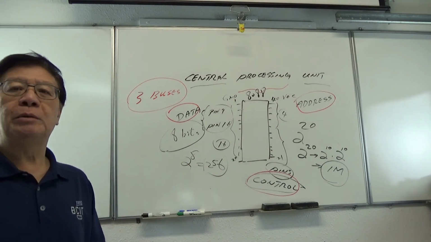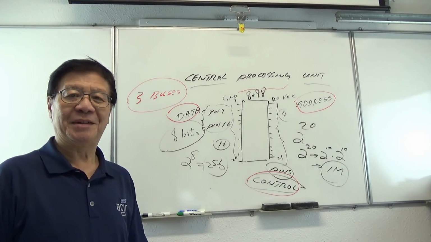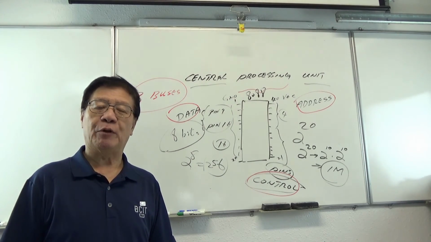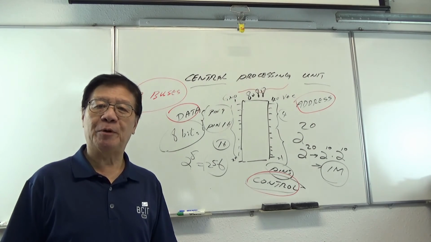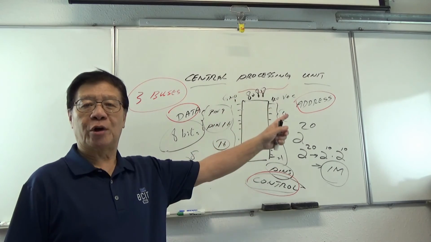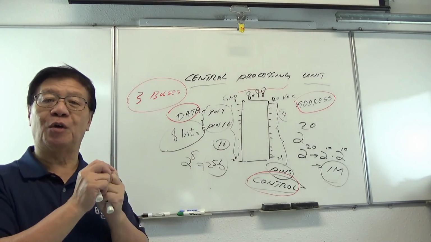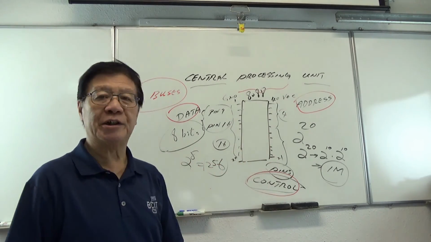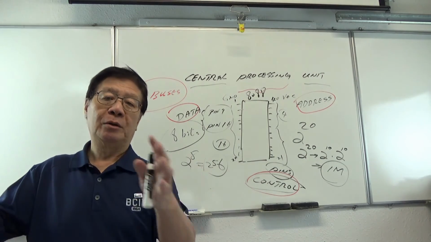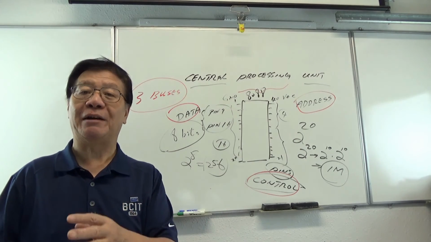That is how the CPU processes. So when we say CPU, central processing unit, if you ask what does the CPU process? 3 things: data, address, and control. That's it. No matter 40 years ago, a very old, very small, very basic CPU, or today's advanced Intel Core i9.